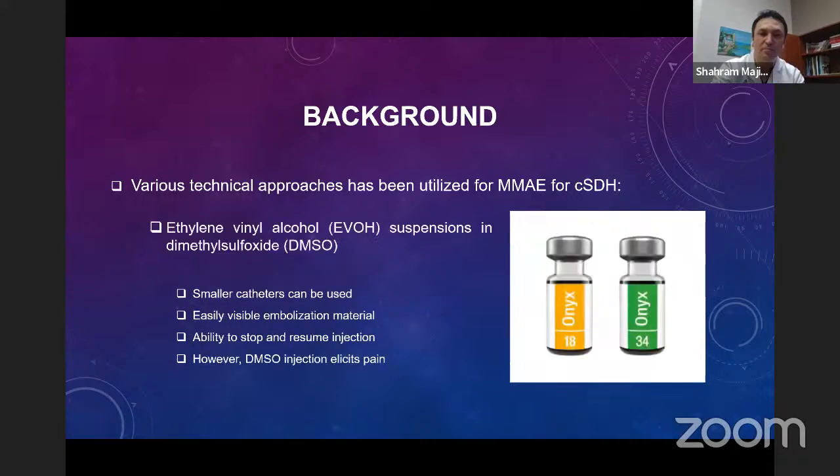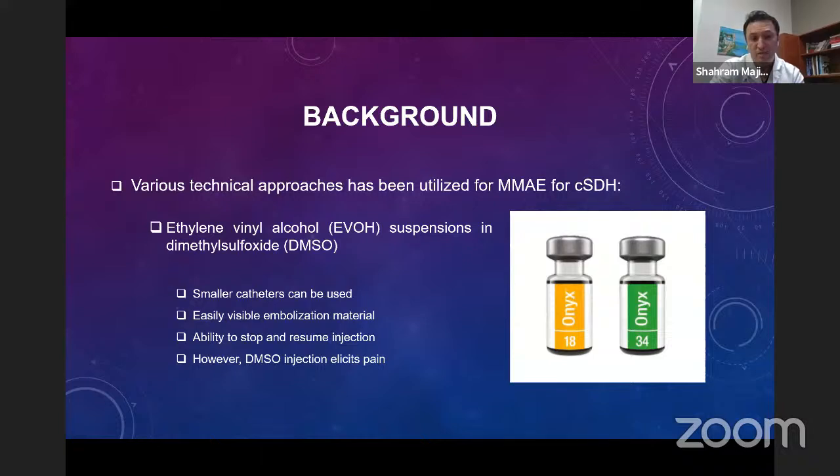And recently, liquid embolic material has also been used for this purpose, including Onyx. The advantage of using liquid embolic material such as Onyx is that it can be used through a smaller catheter, which can be advanced more distally in the middle meningeal artery.